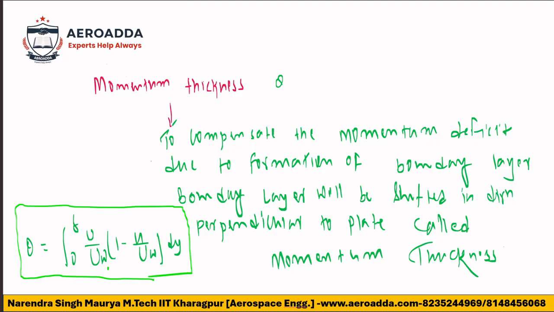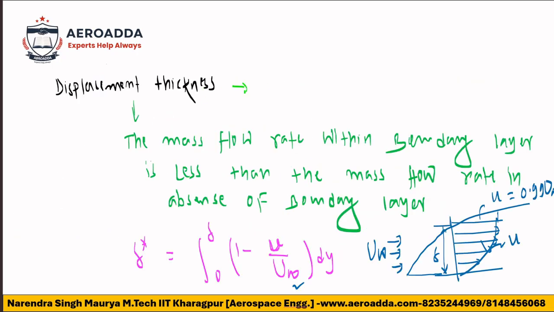Similarly, you will get the energy thickness. What does it indicate? The momentum thickness indicates momentum loss. The previous one, the displacement thickness, indicates mass flow rate loss.